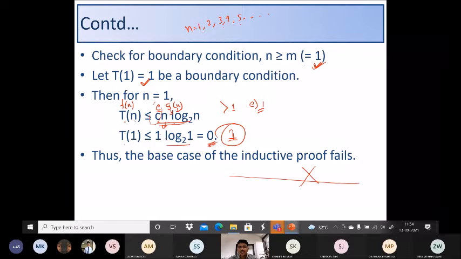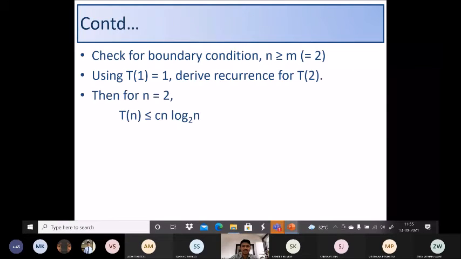This boundary condition is not okay because here we are getting 0. It should start from 1. What is the value of T1? 1, right? So our induction fails. This boundary condition fails. So n equal to 1 fails. Let's go for n equal to 2. Let's check.